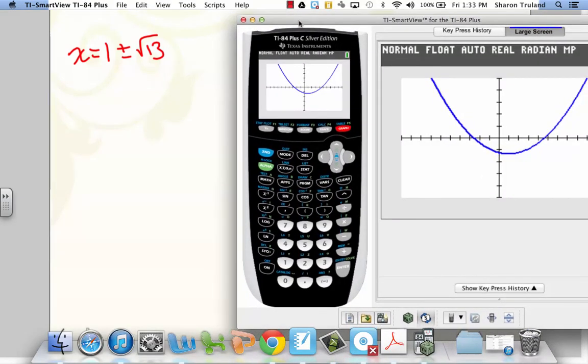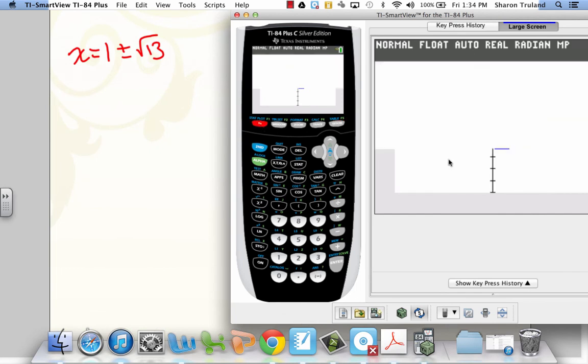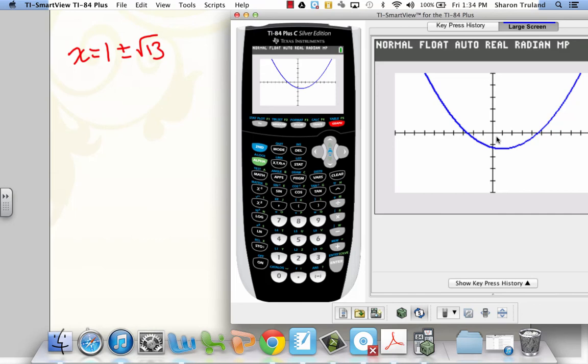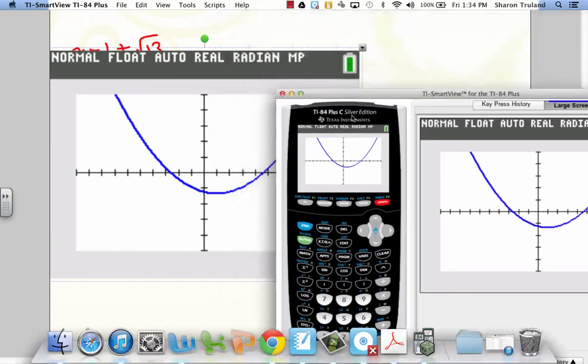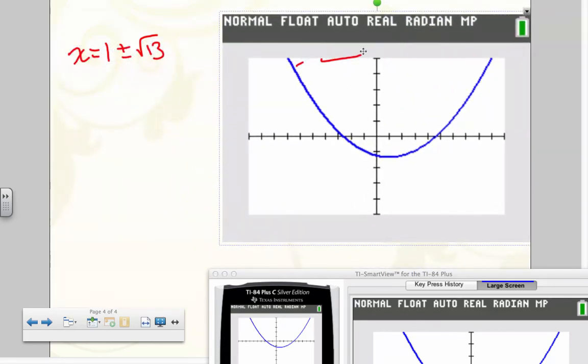All right, so I went to my graphing calculator and I typed it in y equals. And this is the picture I got. Let me drag that picture out. Let's move this down here and let's look at this picture. Well, when we look at this picture, by now we should be very familiar with all our key points.